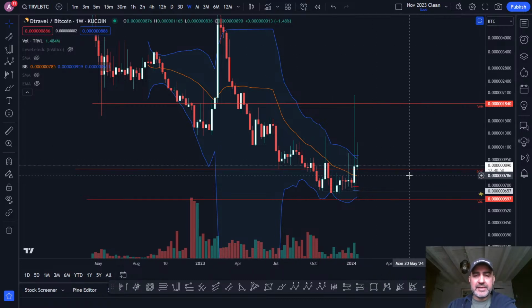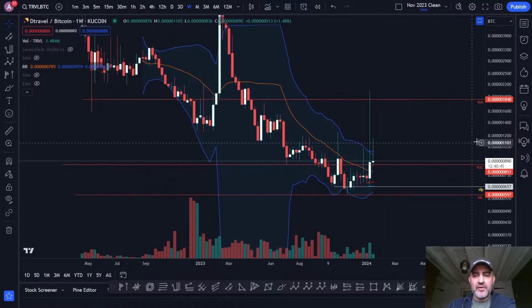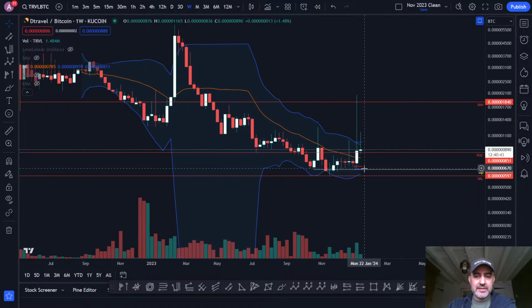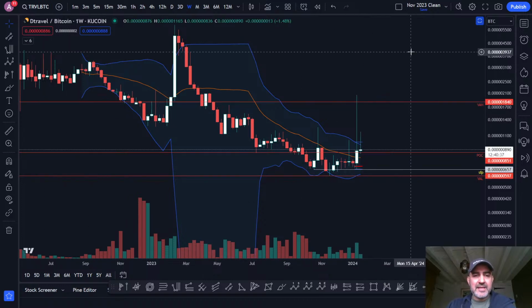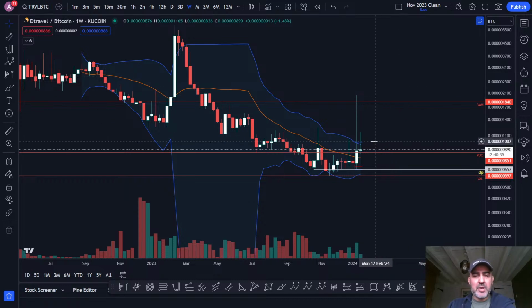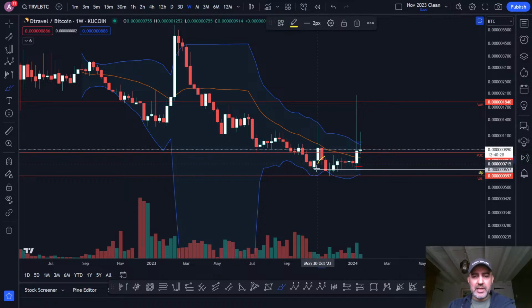If you see on the weekly time frame, we're finally in the top half of the Bollinger Bands, and generally speaking, that's what you need for the price to expand upwards. You need to be in the correct part of the Bollinger Bands. You're not going to expand the bands if you're in the lows here.